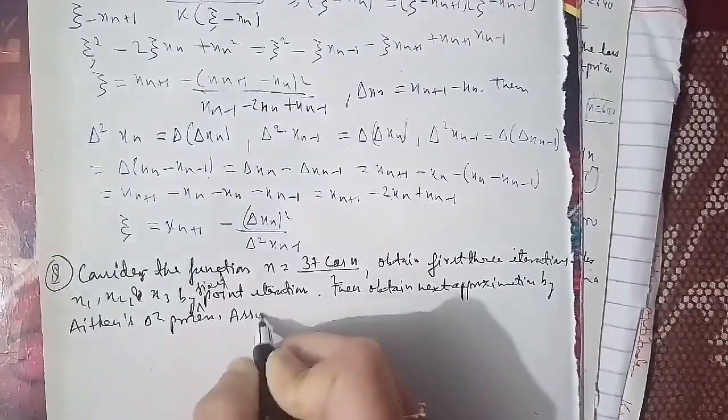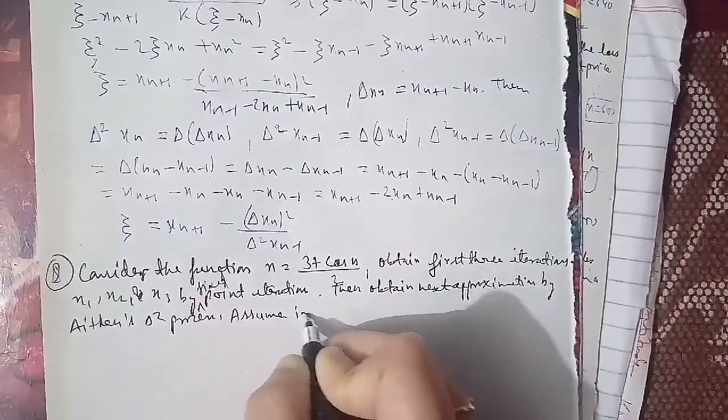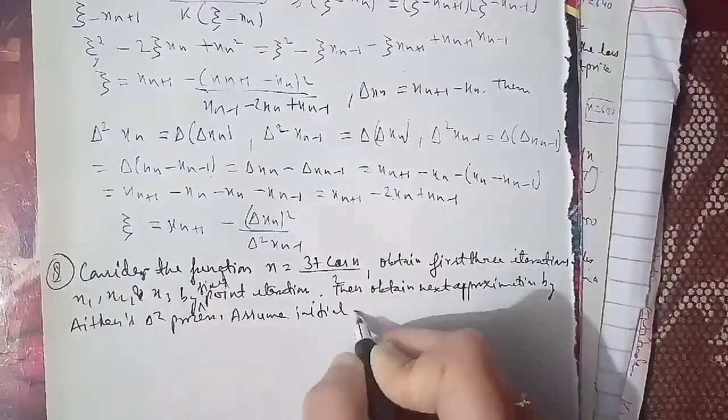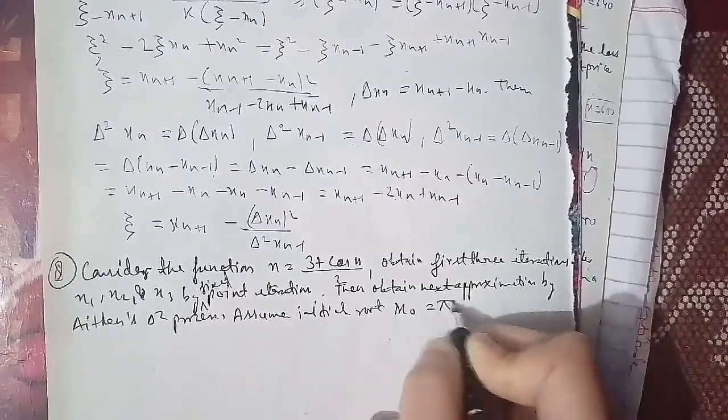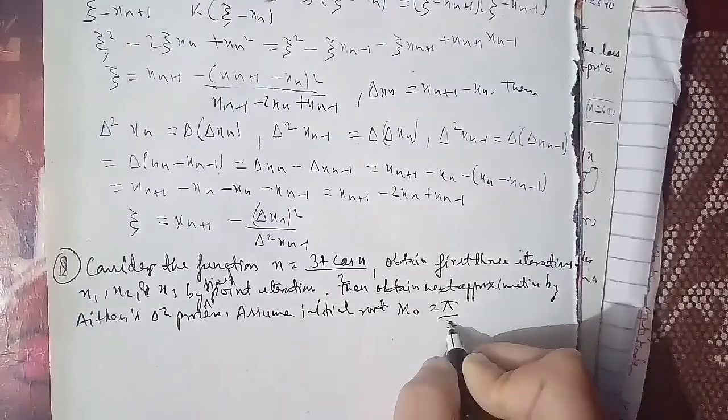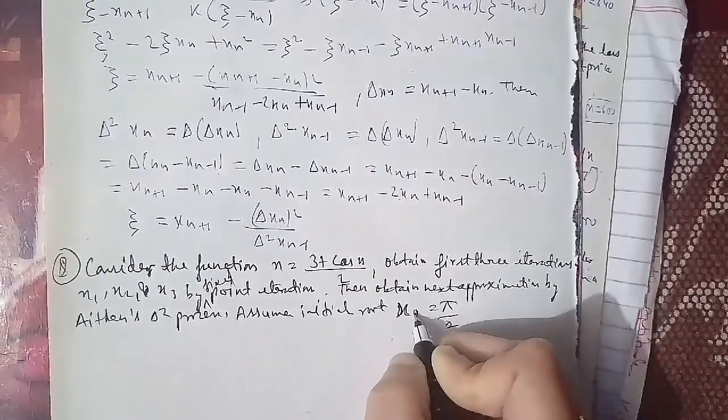Assume the initial root x0 equals pi by 2.